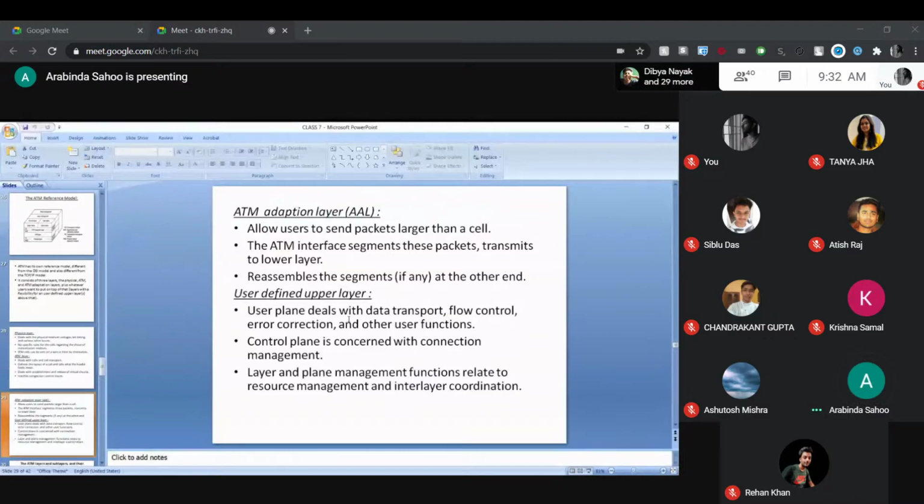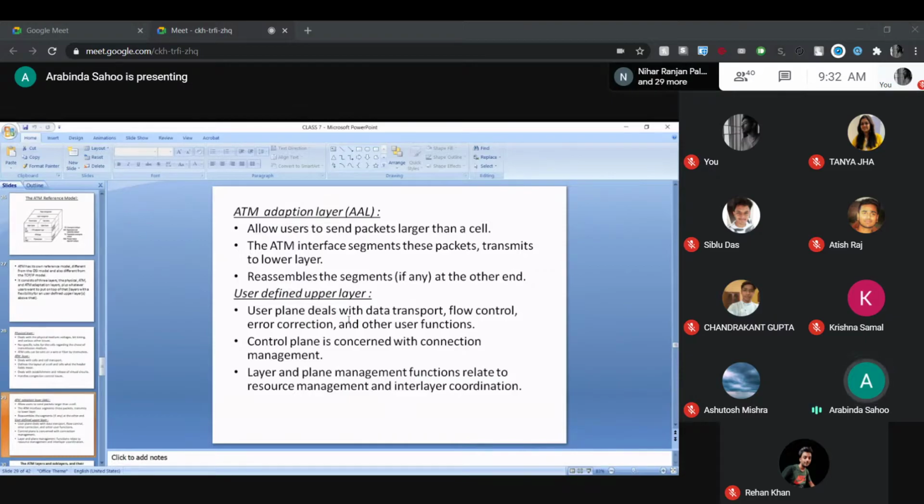Write down: user plane deals with data transport, flow control, error correction, and other user functions. All these functions, that is data transport, flow control, error correction, and other user functions, are decided by the user.